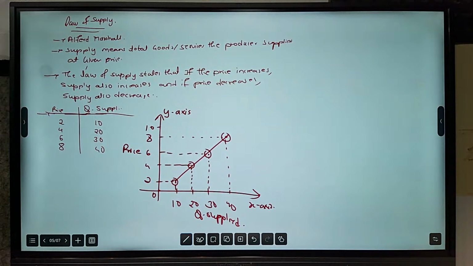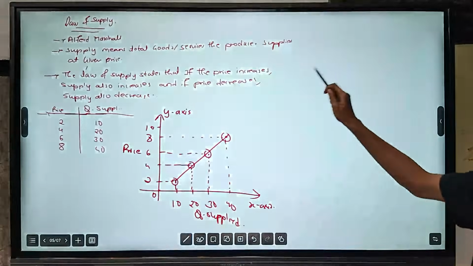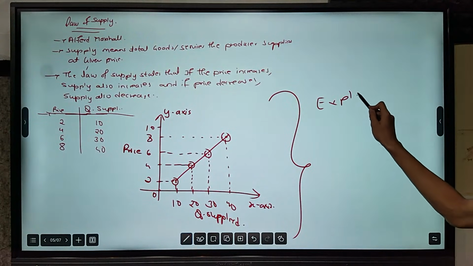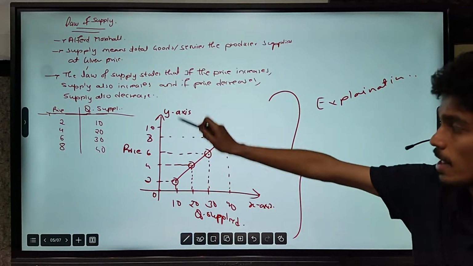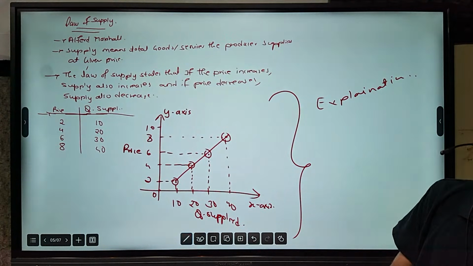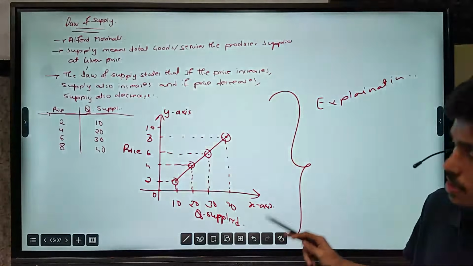Okay. Now here your answer doesn't end. You have to write an explanation for this, and I already told you in the 2nd law how to write the explanation. First you have to write that in the above graph, the y-axis represents the price and the x-axis represents the quantity supplied.